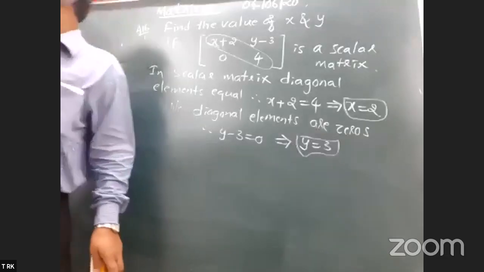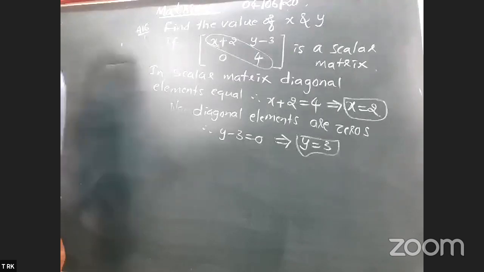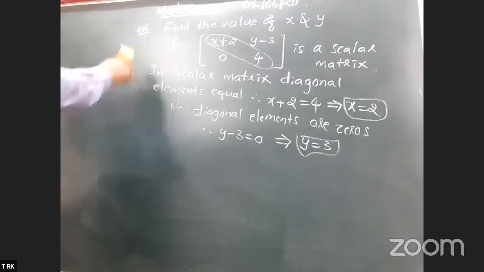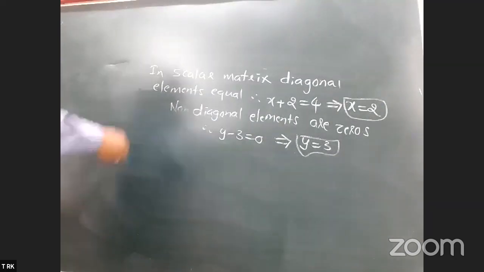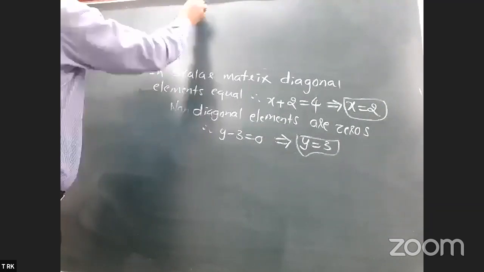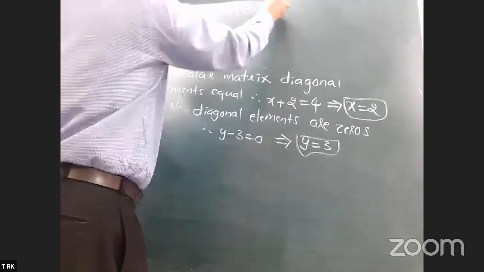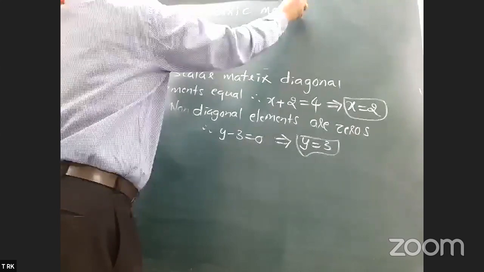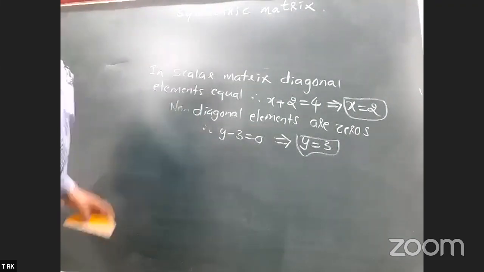So this example is based on symmetric matrix and skew symmetric matrix. Already the scalar and diagonal varieties are covered. Last two varieties remain: symmetric matrix.